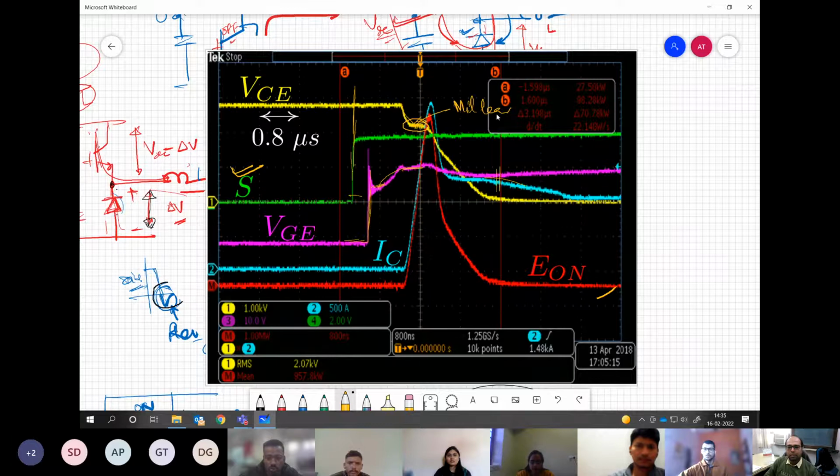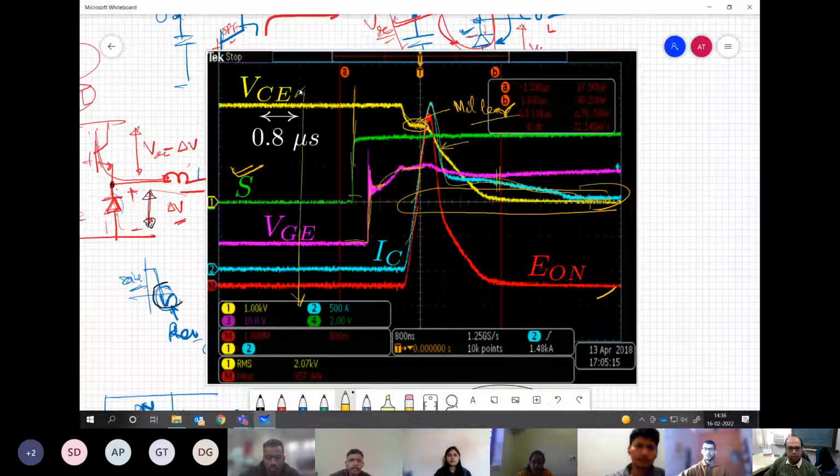which I discussed yesterday. During this Miller plateau, the current changes. The normal current is here if you observe, but there is some overshoot which is coming on account of diode reverse recovery, which we discussed yesterday. Now, the important thing to observe over here is that before the device was turned on, there is very minimum energy loss across the device.